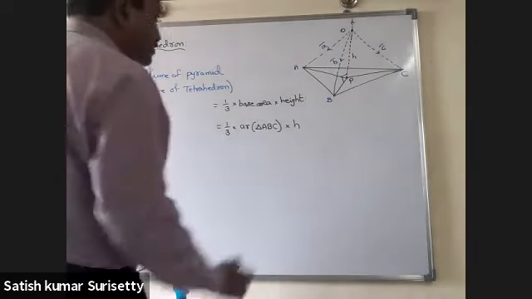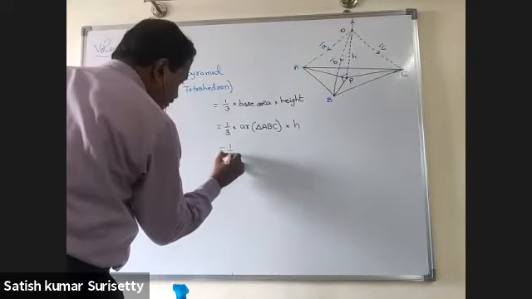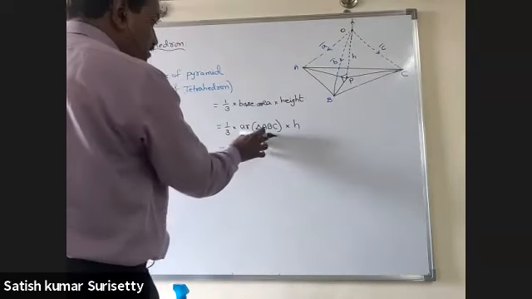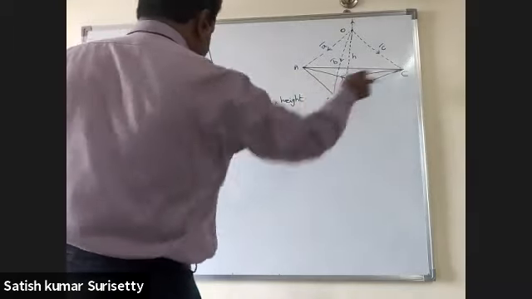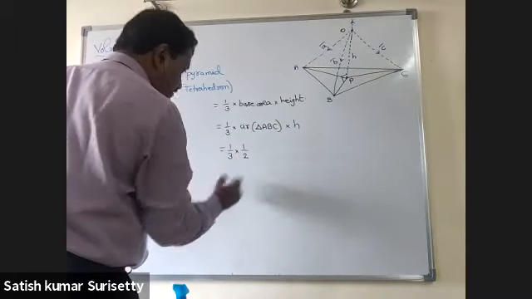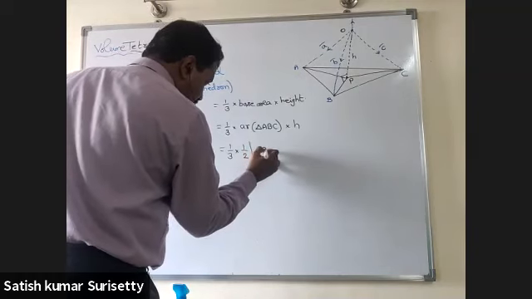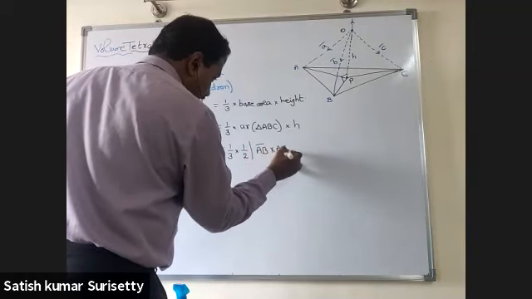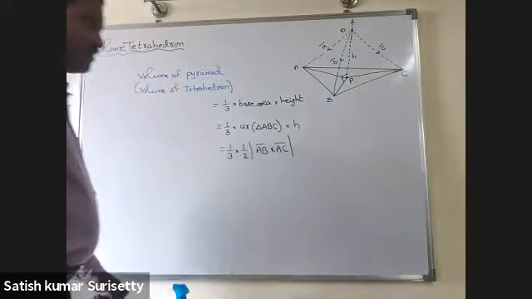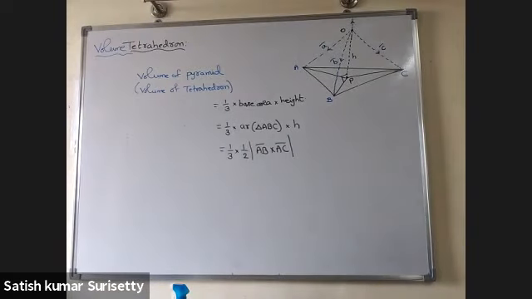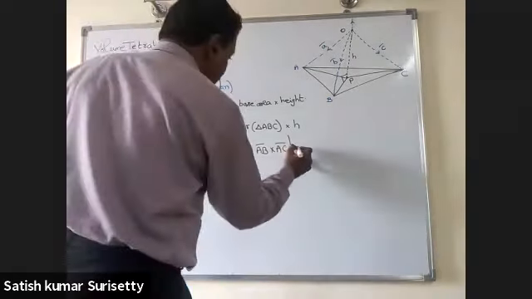Now if you observe the figure, 1/3 into area of the triangle ABC, that is half of modulus of AB bar cross AC bar, that is the area of the triangle ABC, into height.